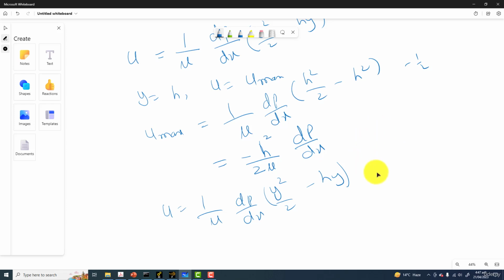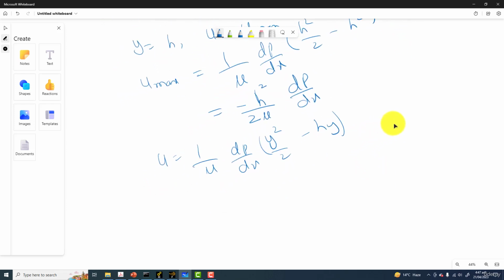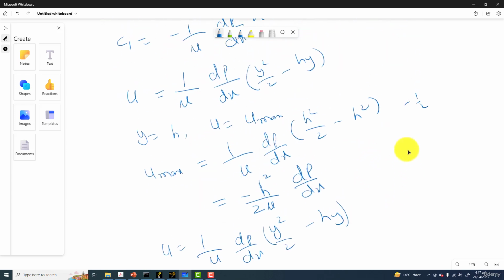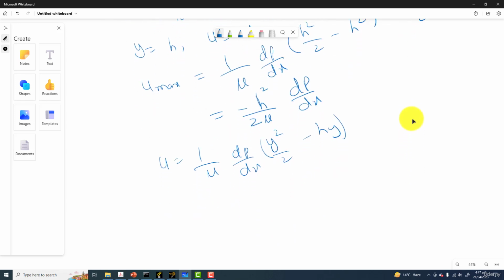So I can write down this equation in this way. Basically I can write down this equation as equal to 2.